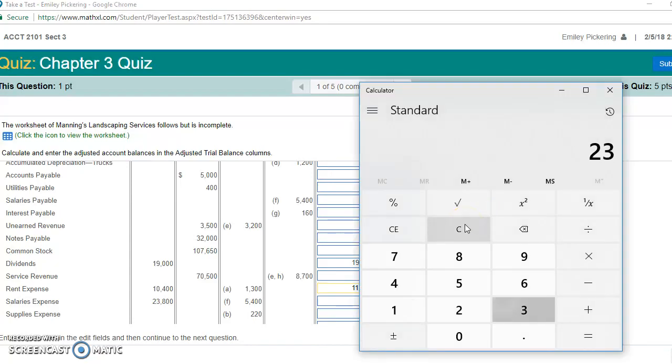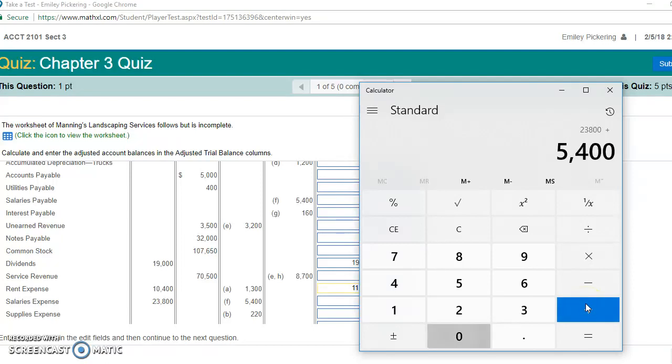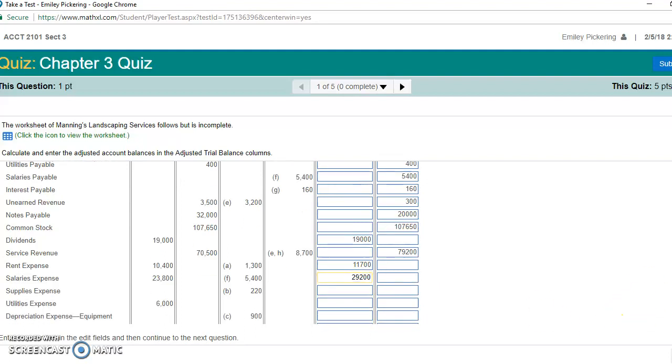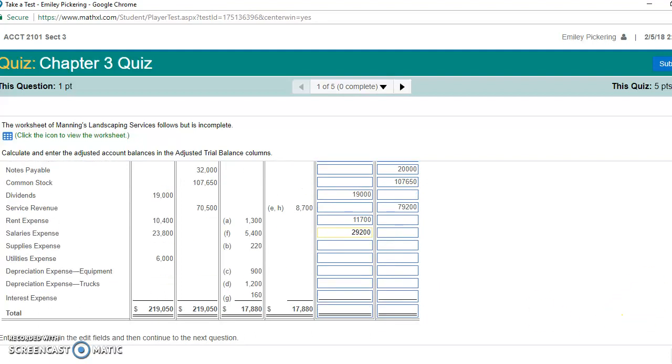Same concept with salary expense. I started with 23,800 on the debit side. I'm debiting an additional 5,400, so I'm going to add them together. So that's 29,200. Oh, there's a lot of accounts.